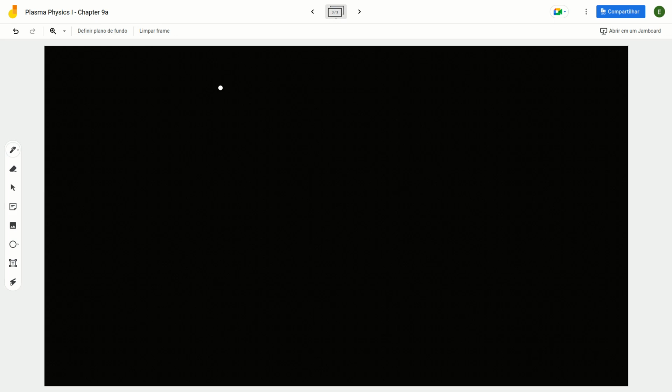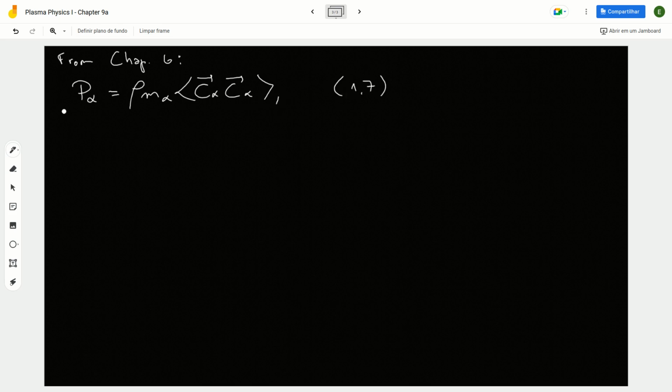Well, from chapter 6, we have the pressure dyad. The pressure dyad was defined by rho m alpha, C alpha, C alpha, this is 1.7, where you had C alpha equal to V minus U alpha, right?